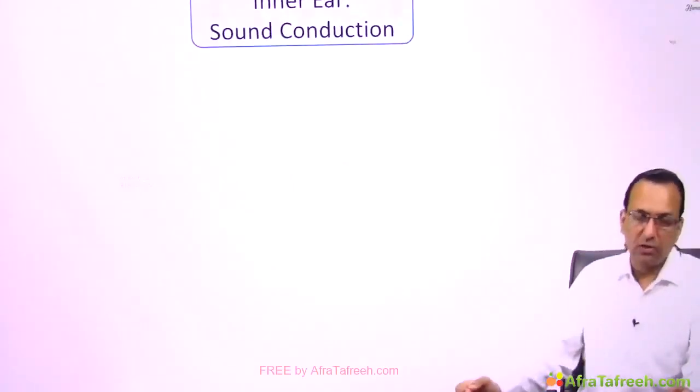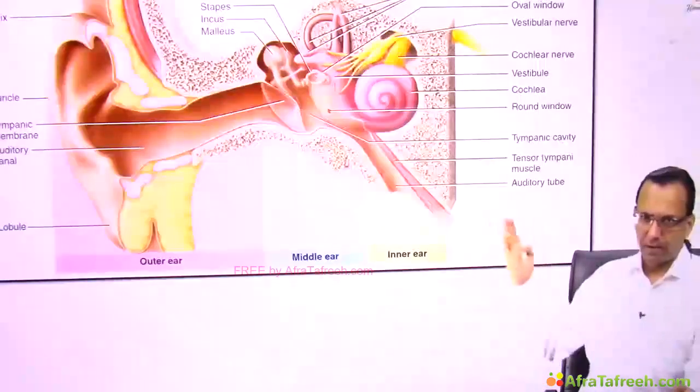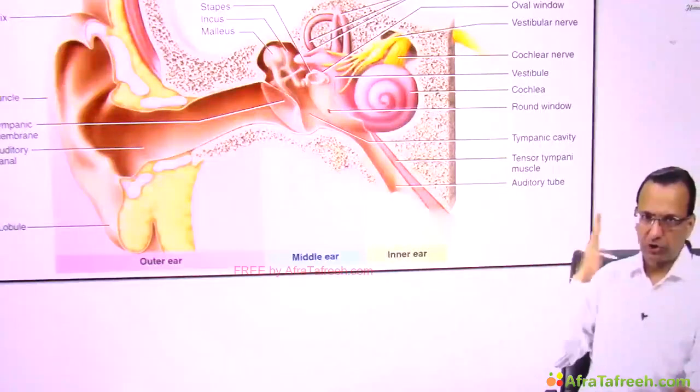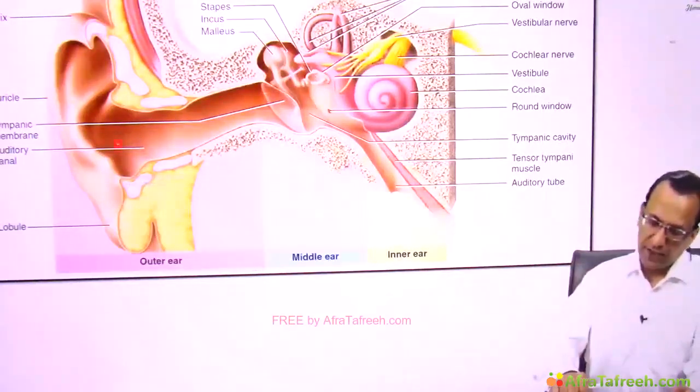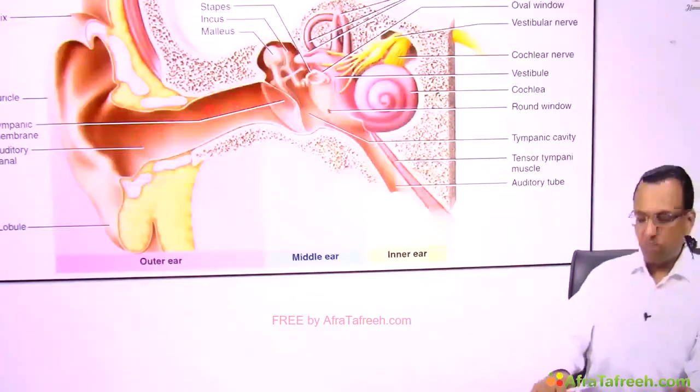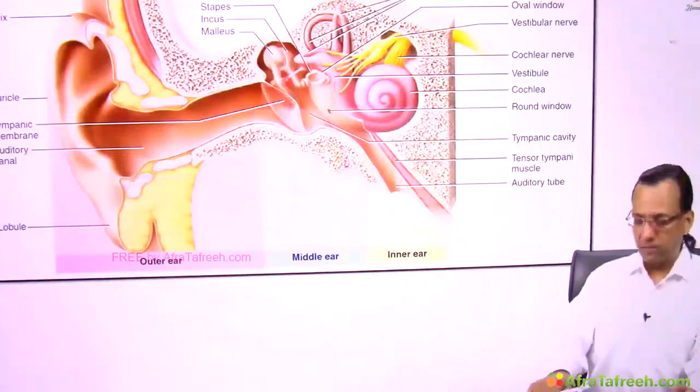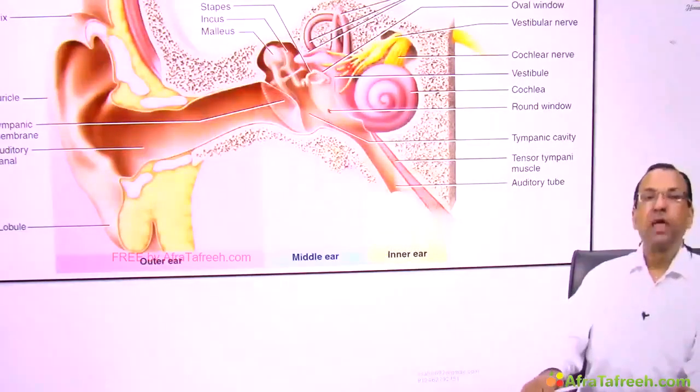Then you are going to talk about the sound conduction, how the sound conduction is happening. In fact, sound is vibrations in the air. And what are the vibrations doing? Those vibrations in the air will enter the external ear canal and vibrate the tympanic membrane, which will then vibrate the ossicles, which will then vibrate the perilymph in the inner ear.